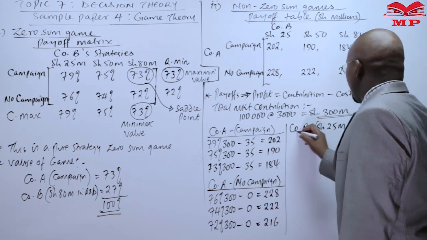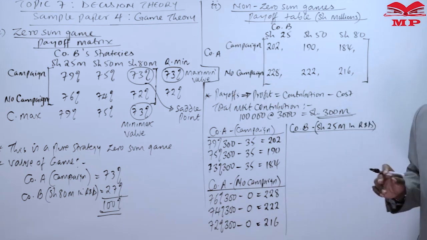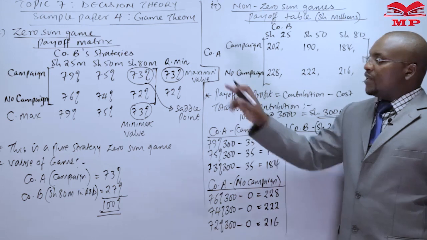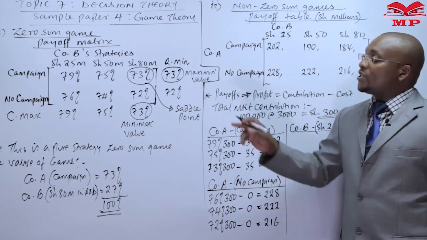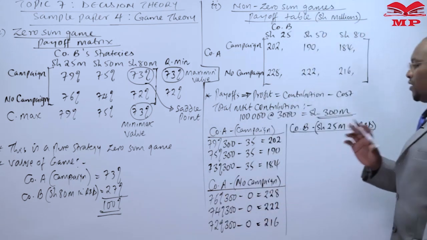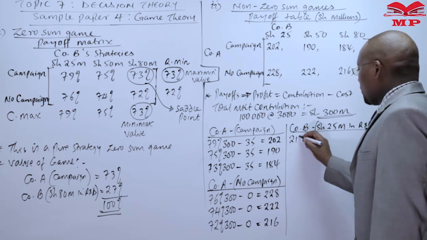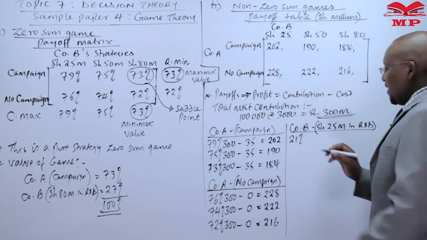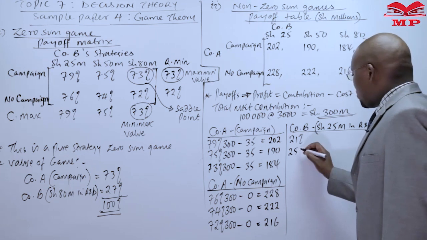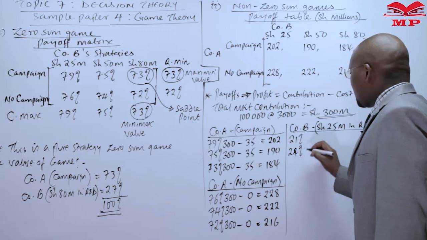If they invest this money, then remember as we check in our payoff matrix, company A would control 79% as well as 76%. So in this case, if you are to calculate for company B, 79% means company B will control 21%. 76% means company B will control 24% of the market share.